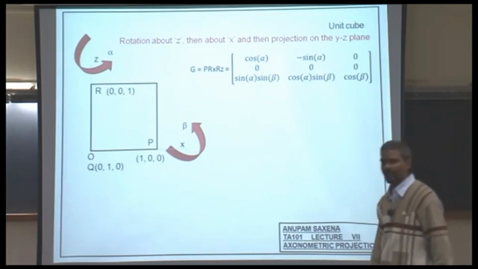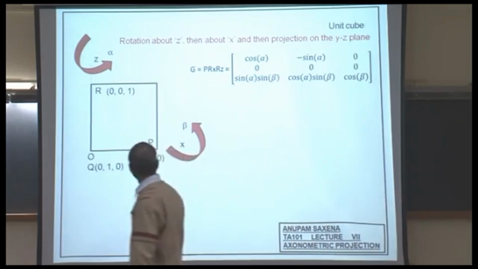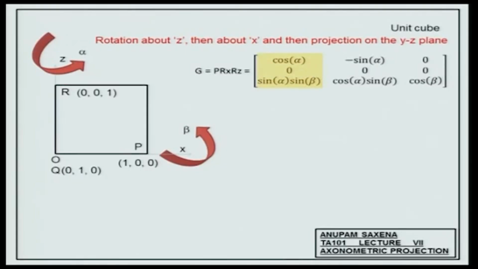Okay? Little bit of math would be boring. What do you have to say about this? These are the coordinates of what? These are the coordinates of P. These are the coordinates of Q, and these guys are the coordinates of R.